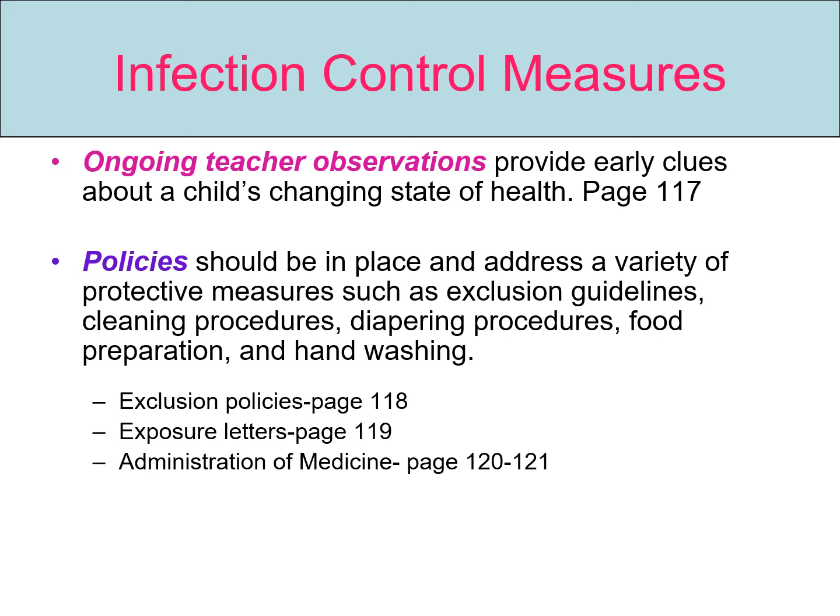Policies should be in place to address a variety of protective measures, such as exclusion guidelines, cleaning procedures, diapering procedures, food preparation, and hand washing. And so below you'll see examples of all of those things we just mentioned: exclusion policies, exposure letters, administration of medicines, those kinds of things.